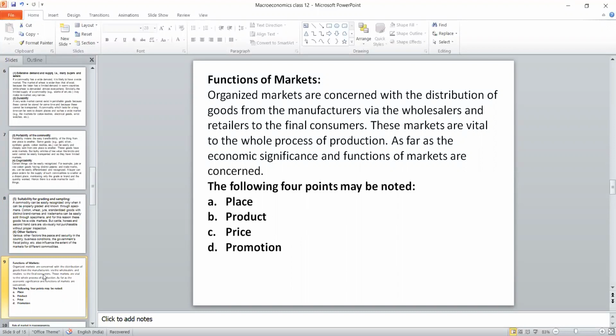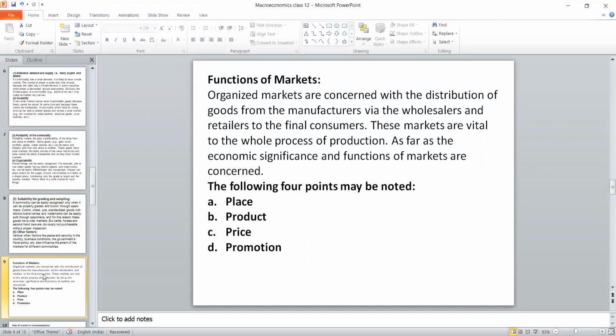A market should have a place, and where it is, is very much needed. Then what type of product is involved and how it is transacted. For transaction, it is needed to value the product, so price comes into the scene. Finally, in order to enhance the first three, place, product and price, promotion is very much needed.